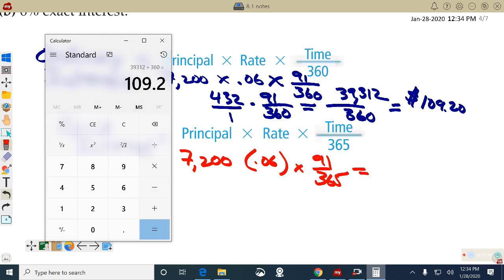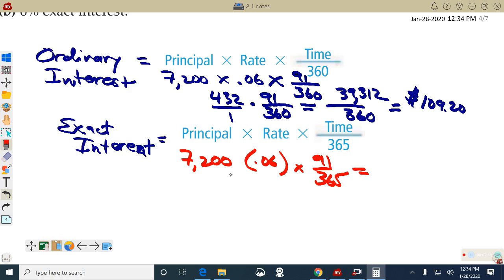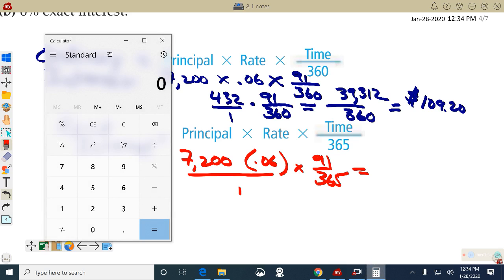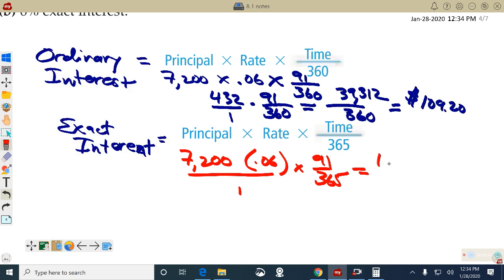Watch. I'll just multiply all three of these at the same time. 7,200 times 0.06 times 91 because it's all over 1 anyway. Right? Watch. So 7,200, I'll do the math for us. 0.06 times 365 is 157,680, divided by, how about denominator times denominator now? 365.